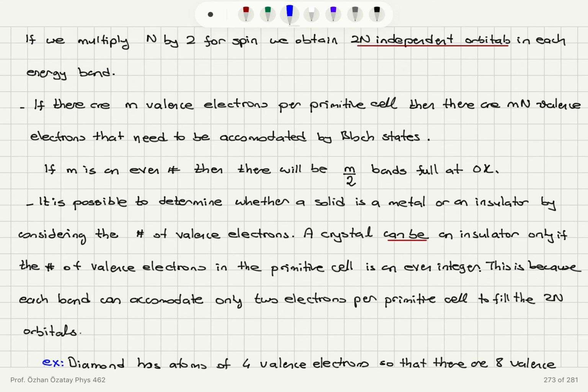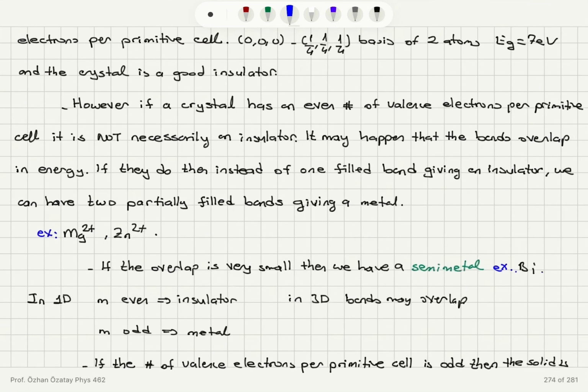If we have an even number of valence electrons per primitive cell, but there is a band overlap, it can be a metal. If we have an odd number of valence electrons per primitive cell, it is definitely going to be a metal. So that's the three-dimensional case.